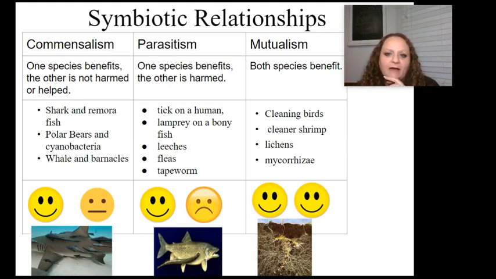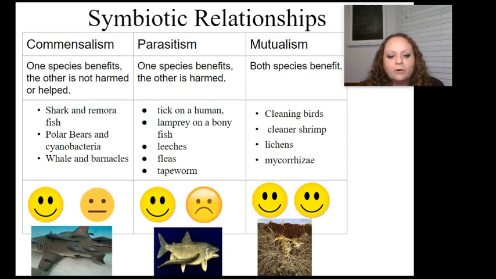First of all, we talk about commensalism. Commensalism is when one organism benefits from the relationship. The other organism is just kind of like, it is what it is. They don't really care one way or another. Best example of this are the shark and the remora. The remora is this little fish. You can actually see it in the picture below that of the shark.